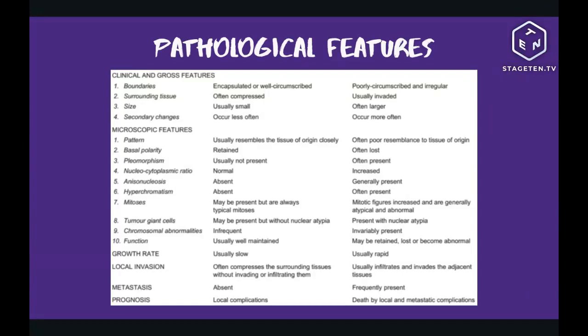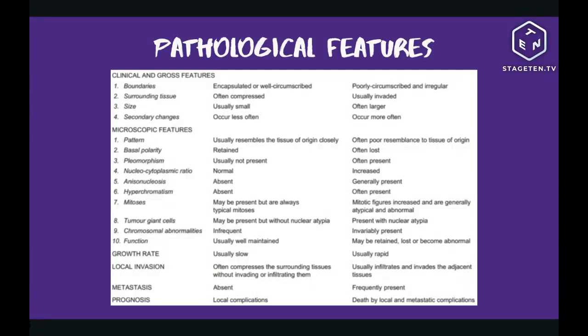After we have performed the biopsy, the sample of the tissue is sent to the pathologist and it undergoes pathological examination. And here we speak about clinical and gross features of benign and malignant tumors, also microscopic features, growth rate, local invasion, metastasis presence, and prognosis.